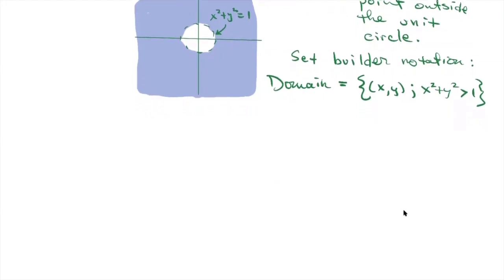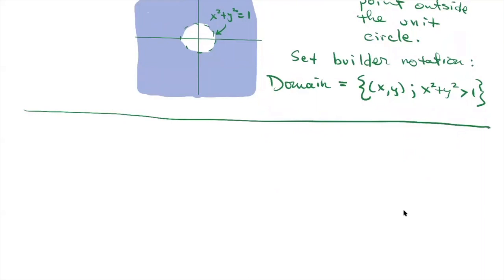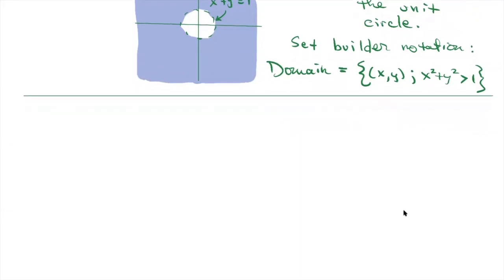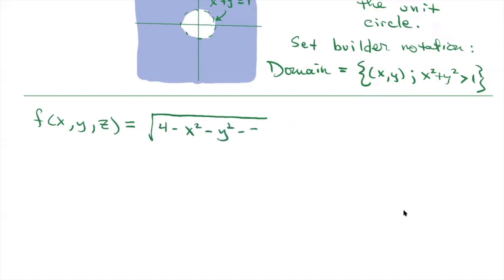Okay, here's the other one. So here I'm going to do sort of a 4-dimensional problem where the input is 3-dimensional and it outputs a 4th dimension. So f of x, y, z is going to be the square root of 4 minus x squared minus y squared minus z squared.